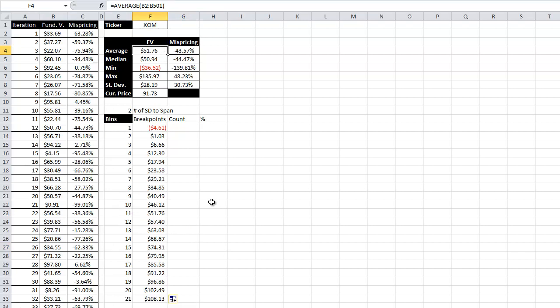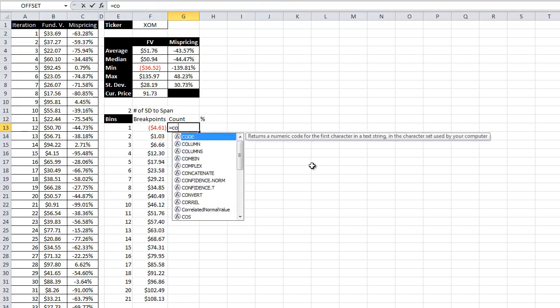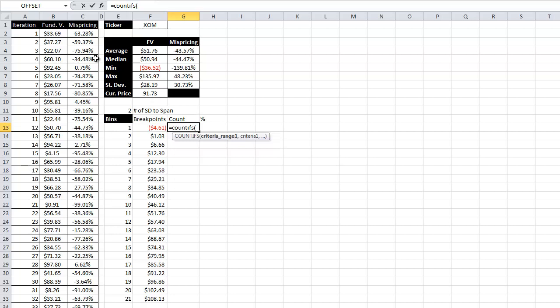And now what we want to do is count how many of our fundamental values are in each of the bins. So I'm going to say COUNTIFS, and I'm going to highlight this whole column. I want to count it if these fundamental values are greater than or equal to negative 461 but less than 103.